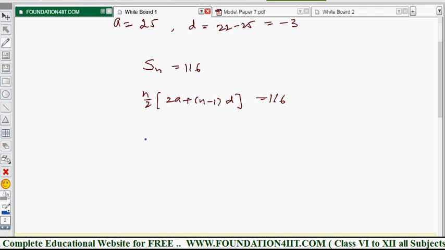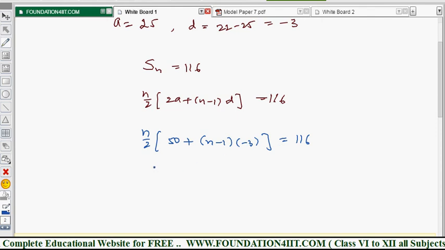That is n by 2 into 2a, so 2 into 25, 50, plus n minus 1, d is minus 3, is equal to 116. So we need to solve this.